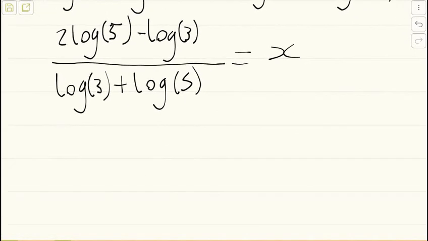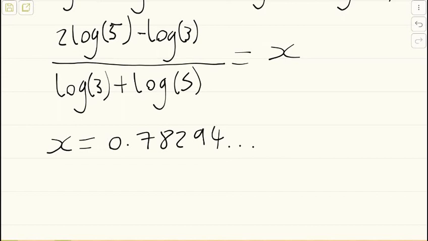And again, typing that on a calculator, I get that x is equal to 0.78294 and so on. And to three significant figures, that is going to be 0.783.